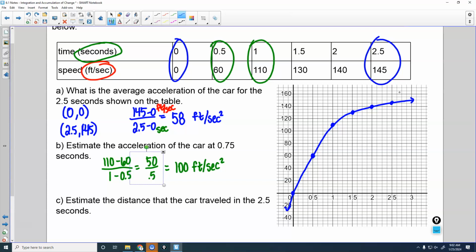Now, it did say estimate, right? So it wants us to guess. Are we going to be able to get the exact answer on this? We're not. Okay. So, like, are you talking about, like, maybe this? Yeah. Okay, that'll work. There's a triangle.